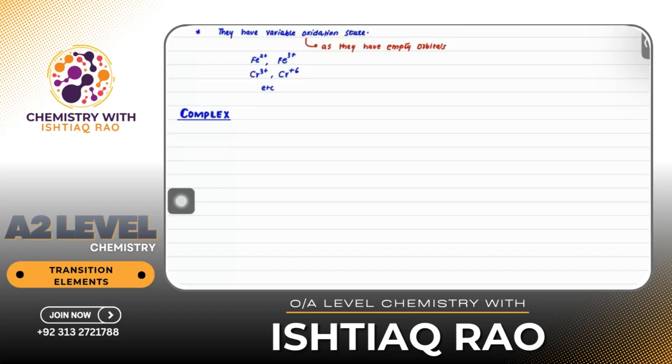I can say in an easier term that when the metal, that is a transition metal, is going to react with a ligand, it's going to form ML. This is known as a complex compound.